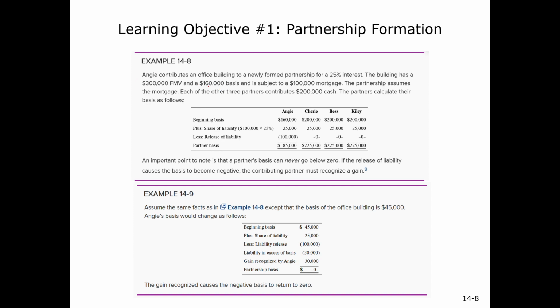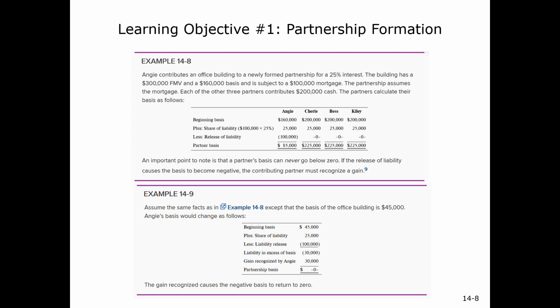So we know that her basis will be credited for the $160,000, the basis of the property that she contributed. However, this property has a mortgage of $100,000, which the partnership is going to take over. So Angie will no longer be responsible for this debt, and because of that, this is going to reduce her basis.